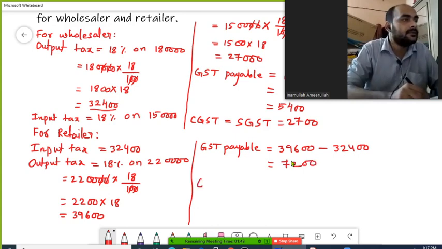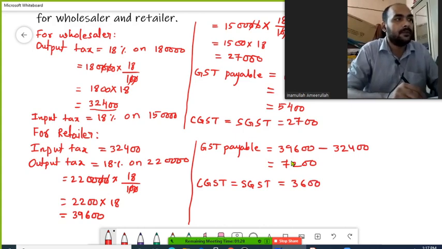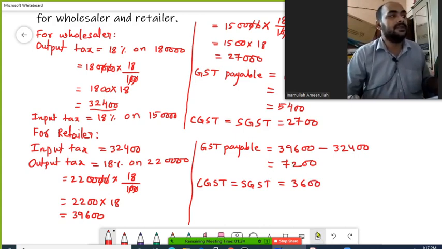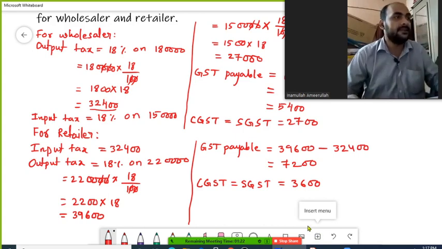So CGST and SGST is 3,600 each. This way you can find out GST, CGST and SGST payable by the wholesaler and retailer.